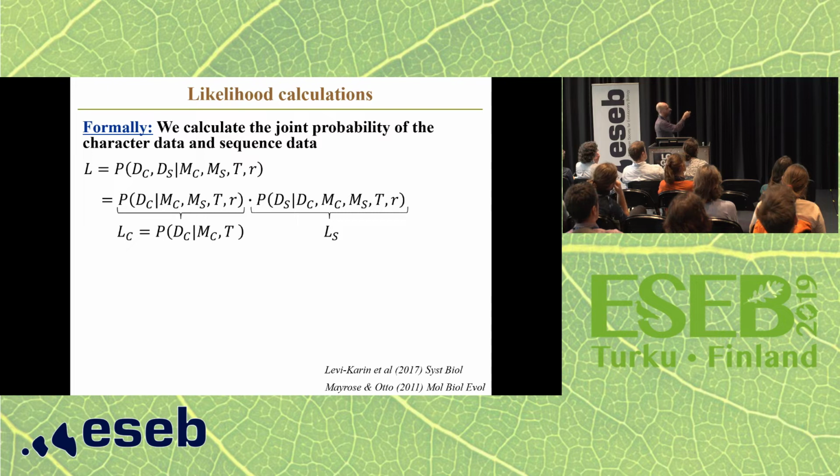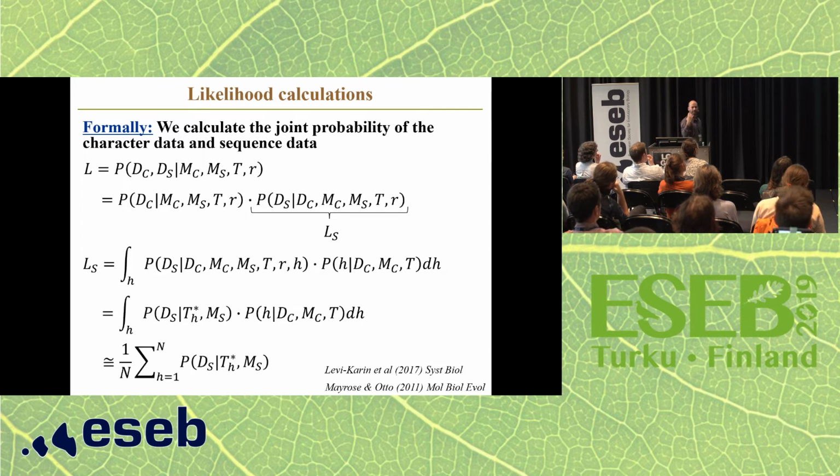And this is just the regular Felsenstein algorithm. But we multiply this by the probability of the sequence data given the character model, the sequence model, and the character data.